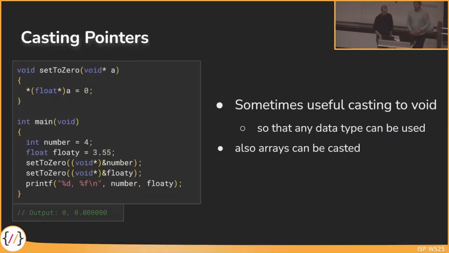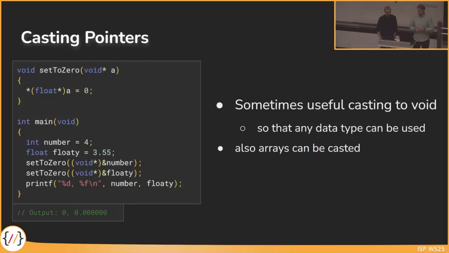All right, but now we are getting closer to pointers and dynamic memory. Of course, we can also cast pointers. Pointers all have the same data size, so it's always 8 bytes, independently of whether it's a float pointer, an integer pointer, or a character pointer. But in some cases, and also for readability, it definitely makes sense to have the concrete data type.